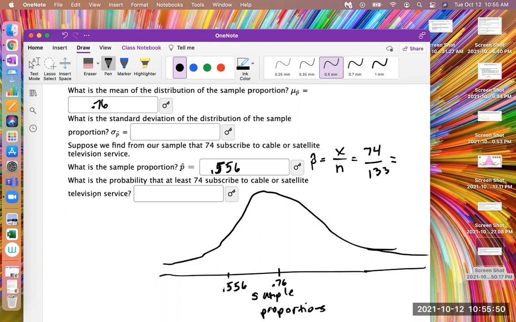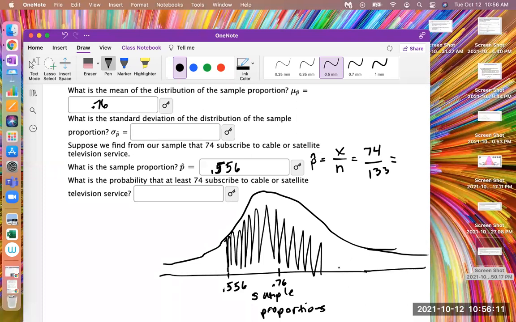When they say at least 74, they're saying at least 55% have cable or satellite service. So if they have at least 55%, that means 55% or larger, right? So this is the area under the curve that we want to find.